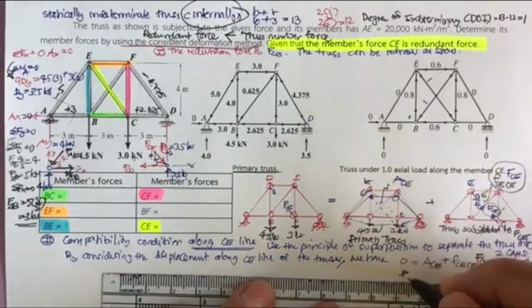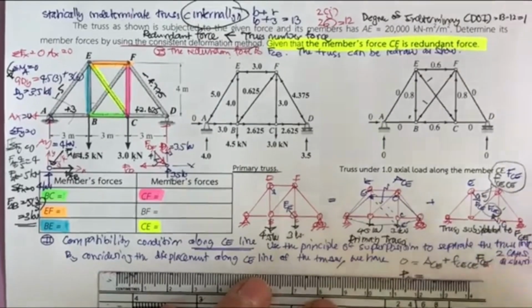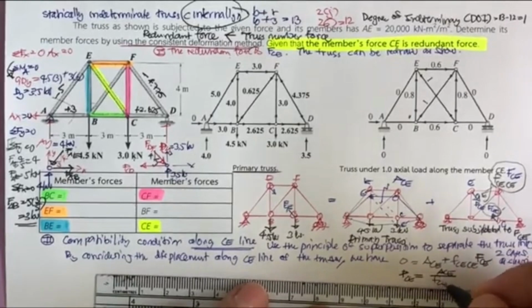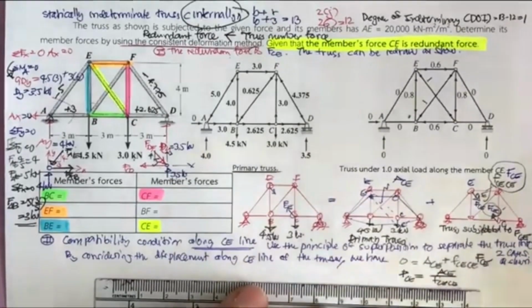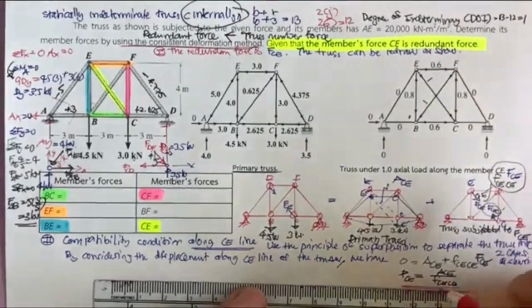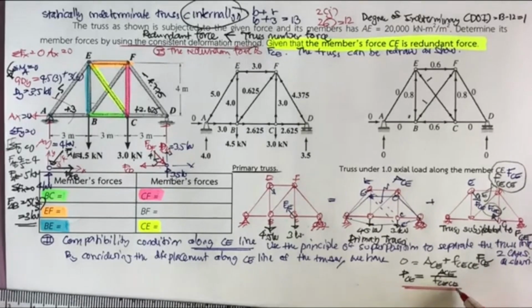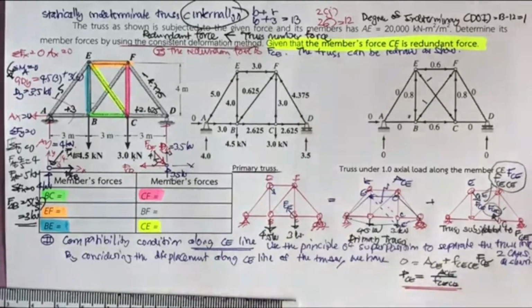Now we have the redundant force equal to negative delta sub CE divided by f sub CE,CE. This is going to be the compatibility equation for this truss. And next, we are going to determine the force displacement relationship.